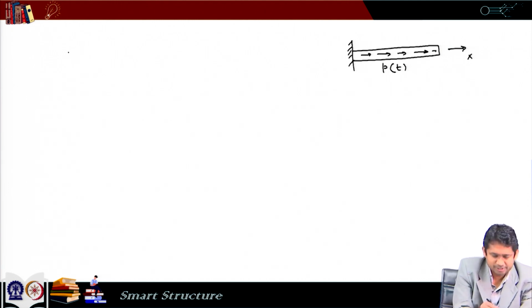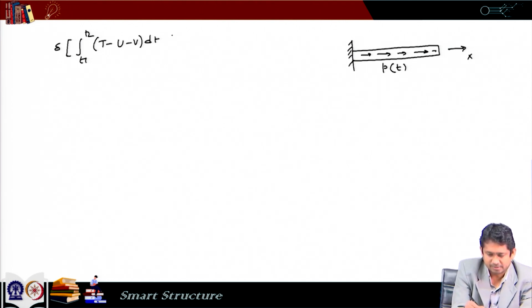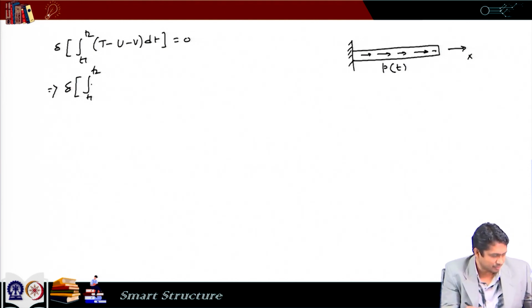Now, we have to write T minus U minus V. So, if we write delta of the integral of T minus U minus V dt is equal to 0, then we can take the delta first inside and then we can proceed.